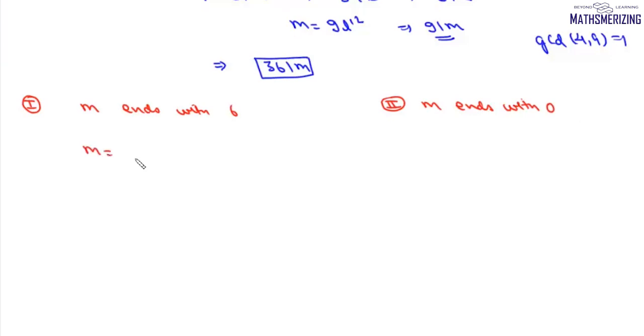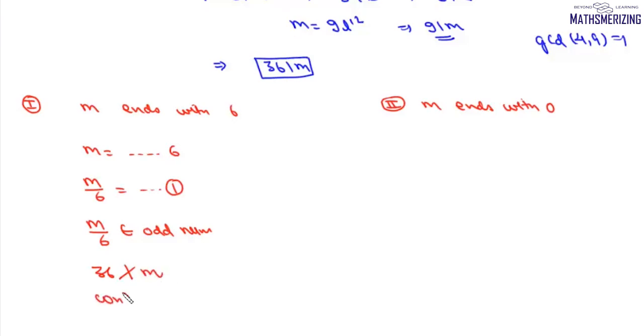Now if m ends with 6, then m by 6 will end with 1. That means this m by 6 is an odd number. And if m by 6 is an odd number, then 36 doesn't divide m, which is a contradiction. So that means this m cannot end with 6.